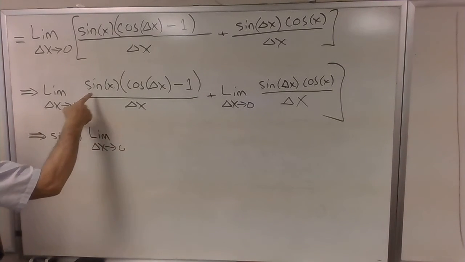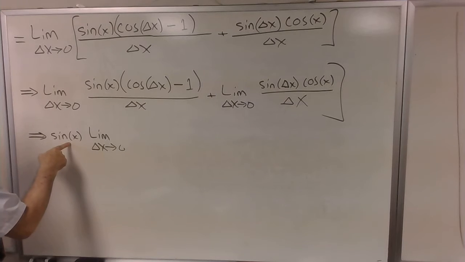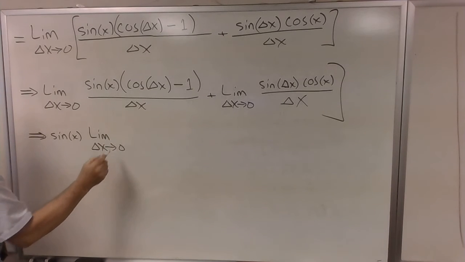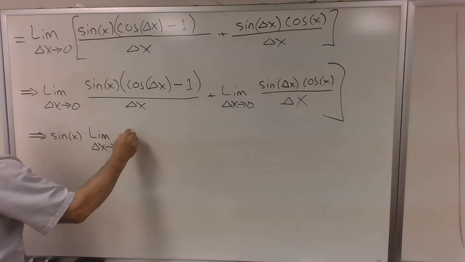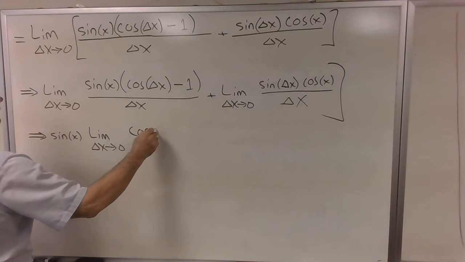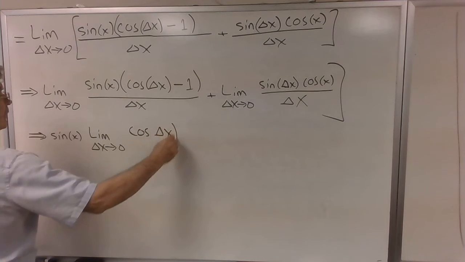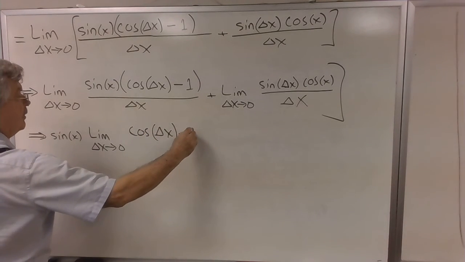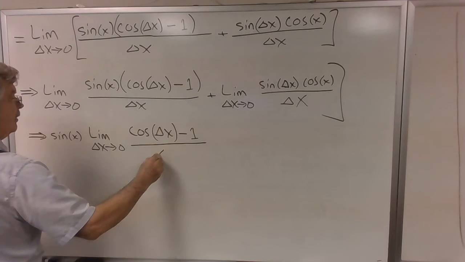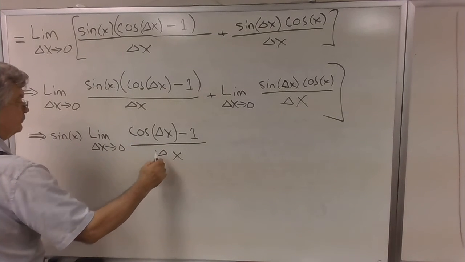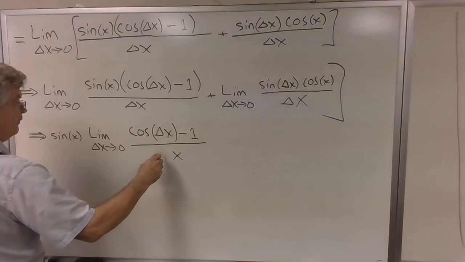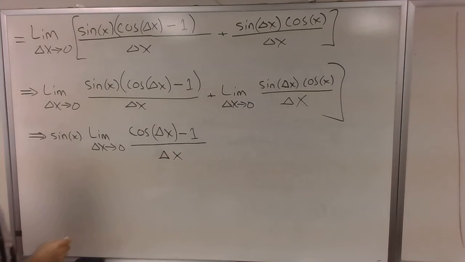Remember, the limit of a constant times a function is the constant times the limit. And this is what we got left. Looks good.